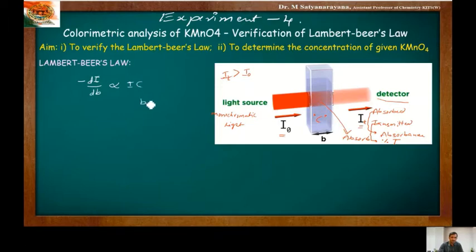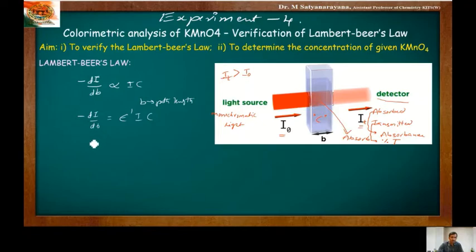Here B is called path length. So to remove this proportionality, we'll substitute a constant: dI by dB is equal to epsilon prime, where the proportionality constant is epsilon prime, times I and C.